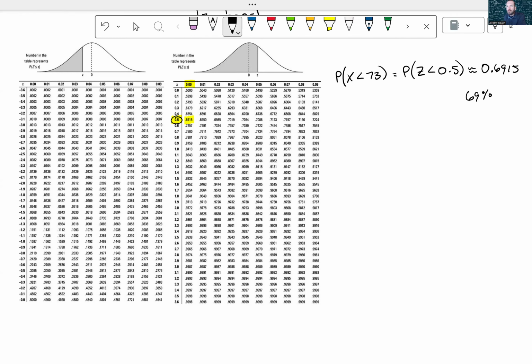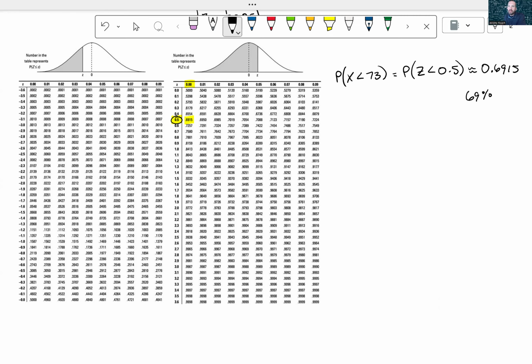So by converting our values into z-scores, it tells us how many standard deviations a value is from the mean. And this lets us take any normal distribution and compare it to a standard normal distribution, which has a mean of 0 and a standard deviation of 1.